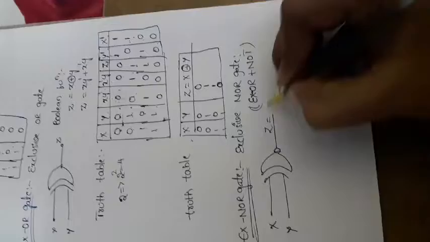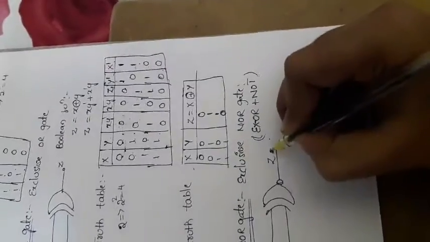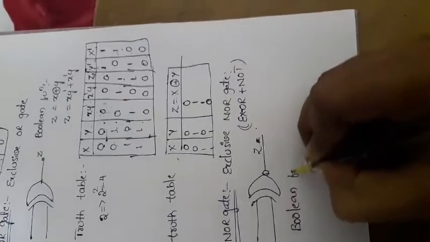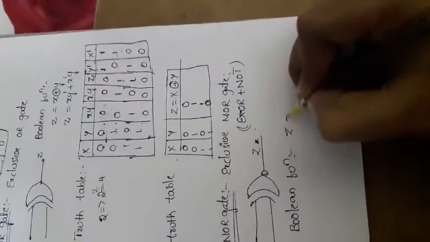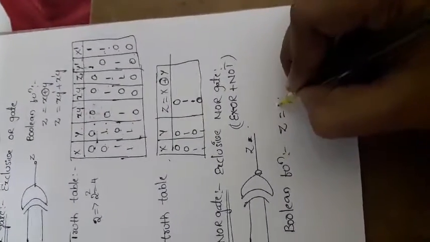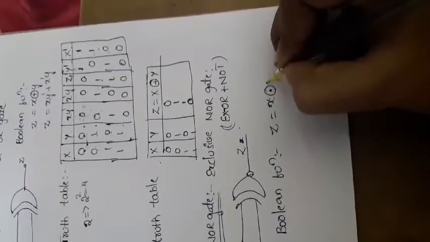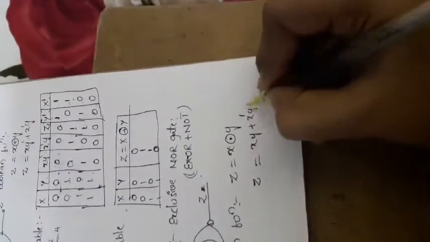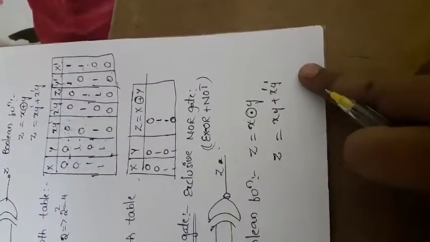Now write the boolean function: z equals x XNOR y, the symbol being x dot with a circle into y. It is expanded as xy plus x complement y complement. This is the output function, xy plus x complement y complement.